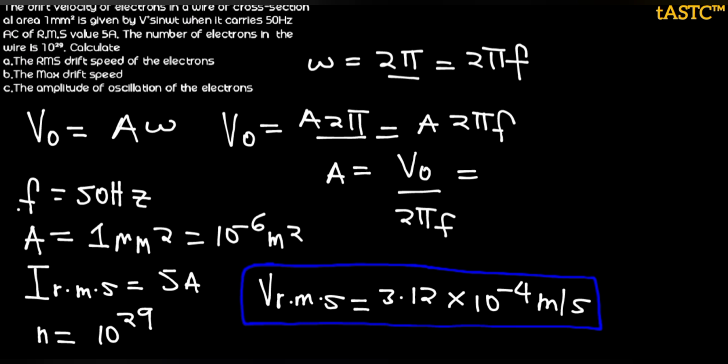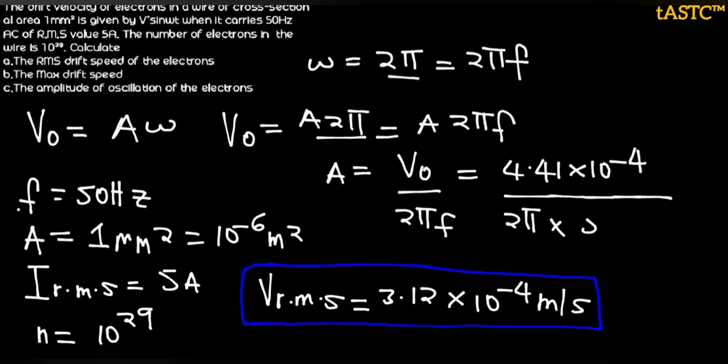Now V naught was found to be 4.41 multiplied by 10 to the negative 4. Feel free to rewind the video and try to see where that was written. Now this stuff is 2 pi multiplied by f, which is 50 hertz. So that will be multiplied by 50.